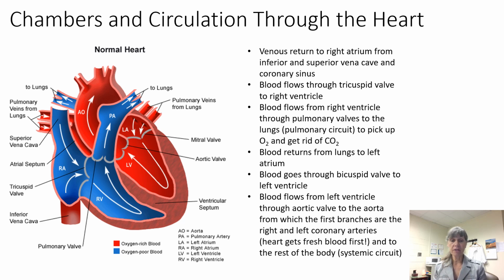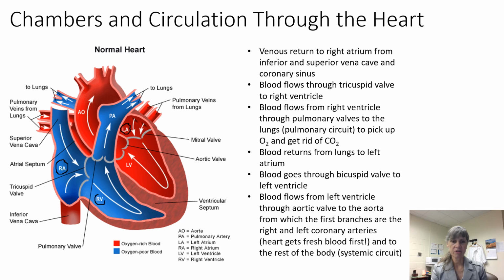And before we go through that, I wanted to point out the fact that there are 4 chambers in a normal heart. There are 2 upper chambers known as the atria, and we have a right atrium and a left atrium. And then the 2 lower chambers are the ventricles.